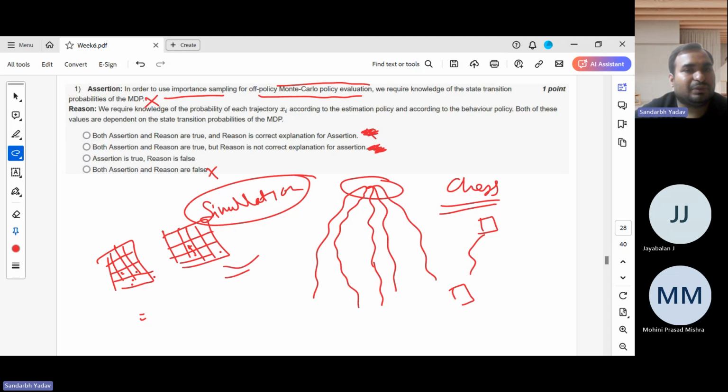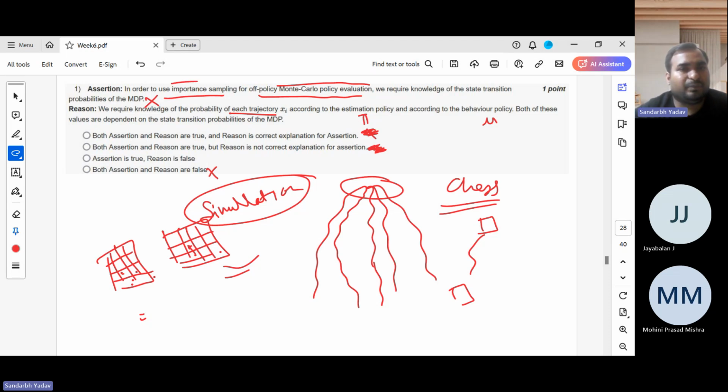So the reason says we require knowledge of the probability of each trajectory according to the estimation policy and according to the behavior policy. Suppose our estimation policy is pi and our behavior policy is mu. Both of these values depend on the state transition probabilities of the MDP. Do we really require this?